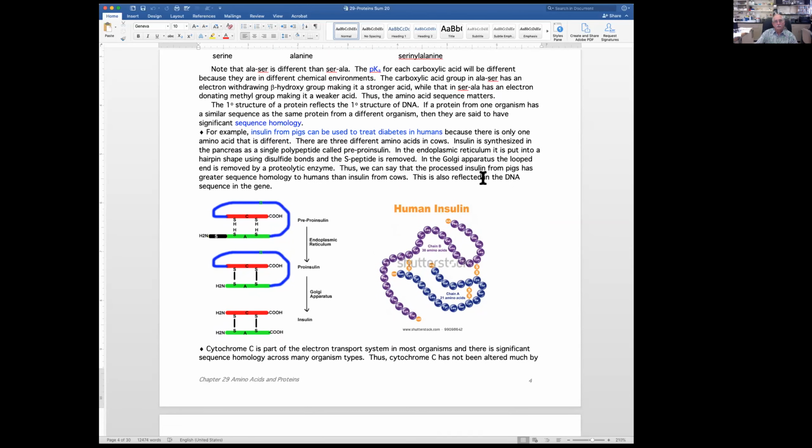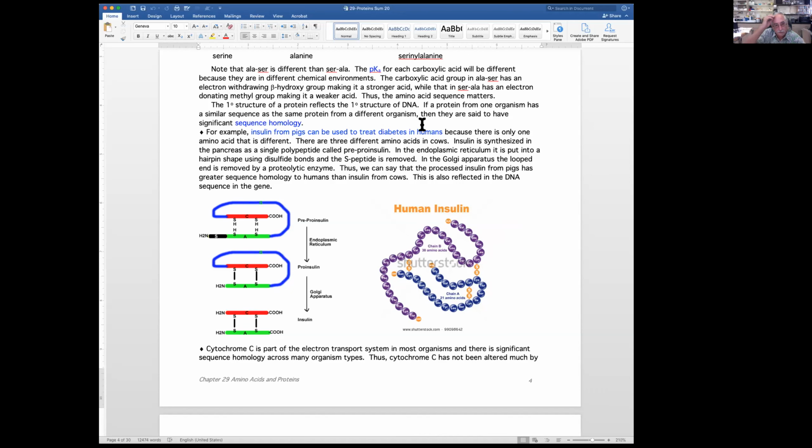So the primary structure of a protein reflects the primary structure of DNA. It is not exactly the same. But in general, if a protein from one organism has a similar sequence as the same protein from a different organism, then we say that those two proteins have significant sequence homology.